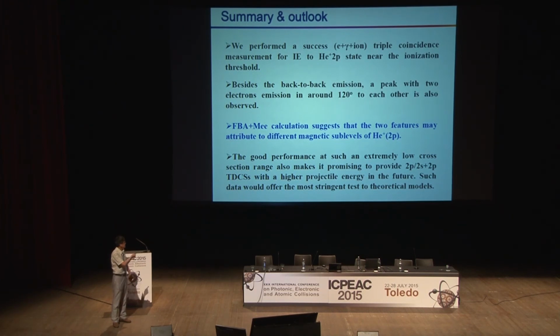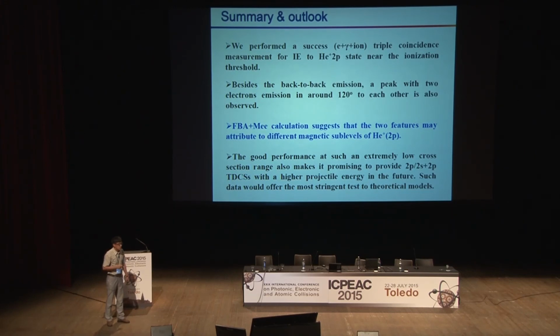We observed two peaks: one for back-to-back emission, and the other for 120-degree emission. Compared with the calculation, the calculation suggests that the two features observed may be attributed to the magnetic sublevels of the helium 2p state.